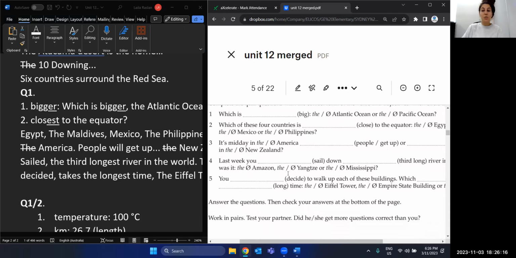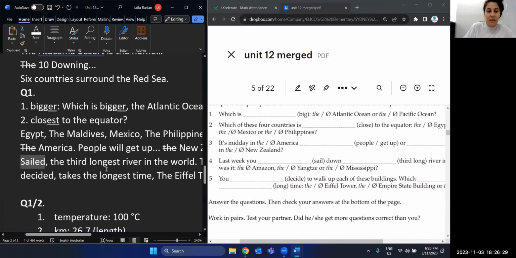Number 4, last week you sailed down. Because it's in the past, we need to put an ed to the verb. Last week you sailed down the 3rd longest river in the world. So we need to say the 3rd longest. It's like saying the 2nd biggest place in the world, the longest river in the world.